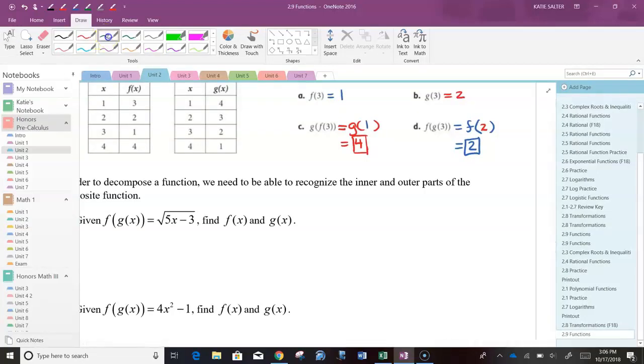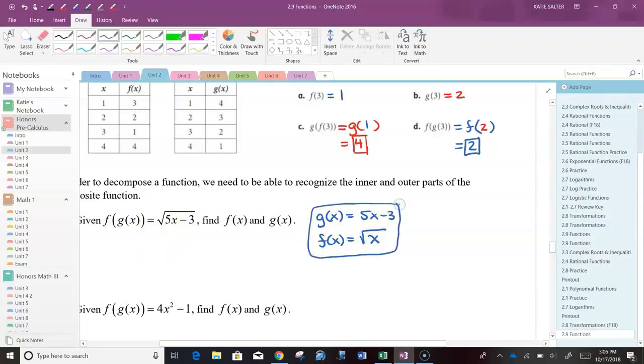So one way we could do this is we could say, okay, the inner function is 5x minus 3. What did we substitute that into? We substituted that into the square root of x. And always check it to make sure it works. If we were to take 5x minus 3 and substitute it in for x, we would get the square root of 5x minus 3. This is one possibility.